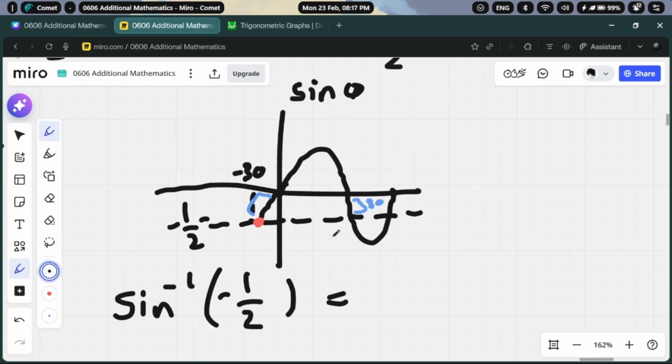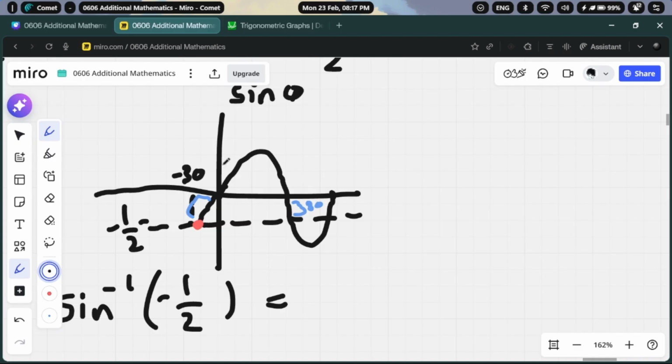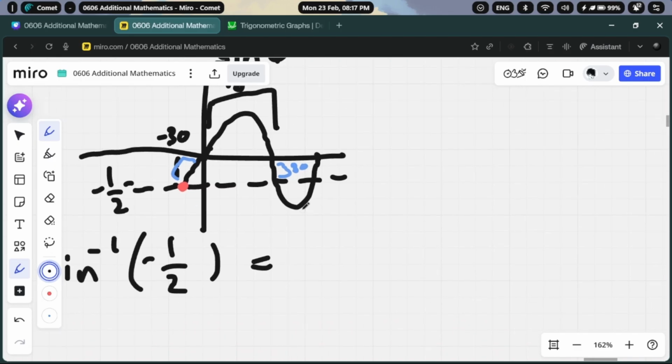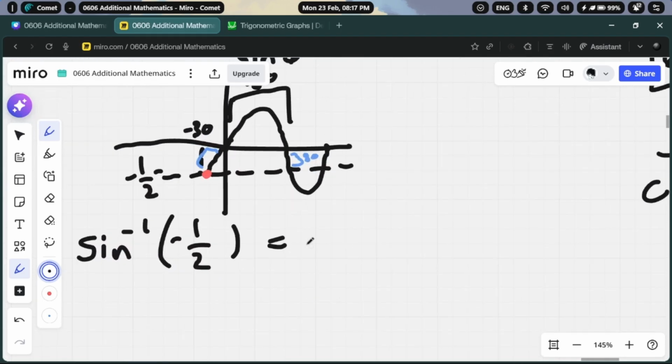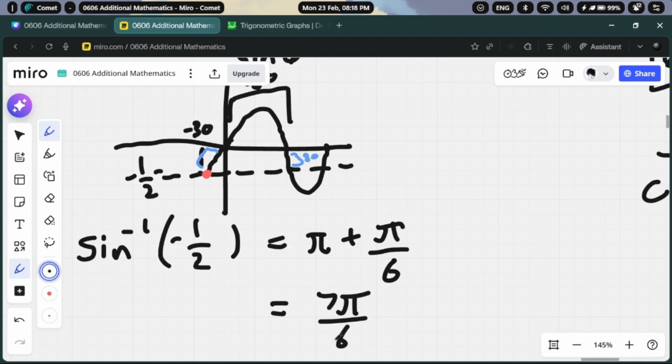So we can actually do, since we know that this is completely 180 degrees, keeping in mind that this is in radians, you would do pi plus, hold on, that plus basically pi over 6, which would give you 7 pi over 6.